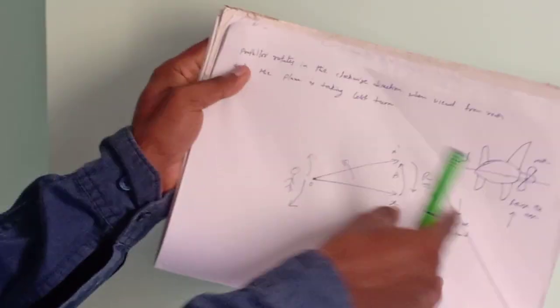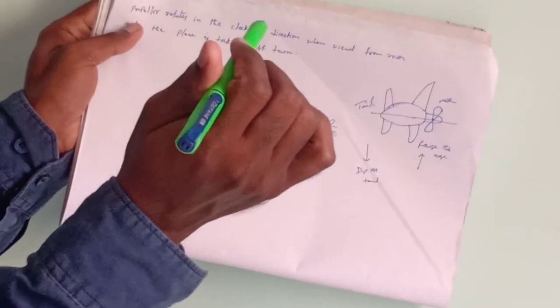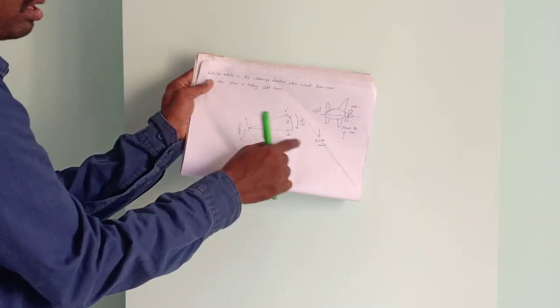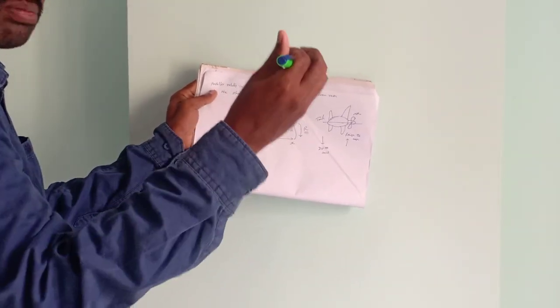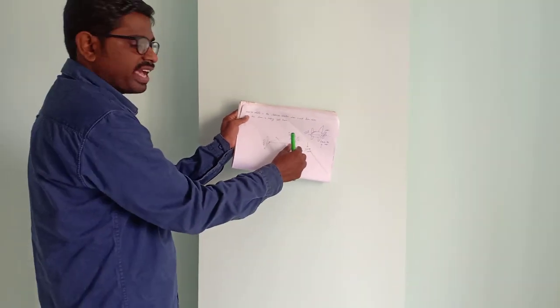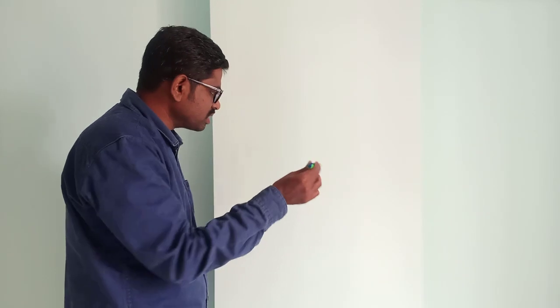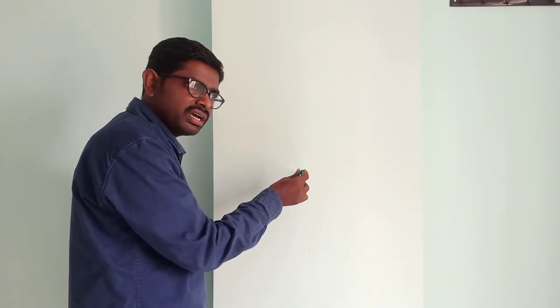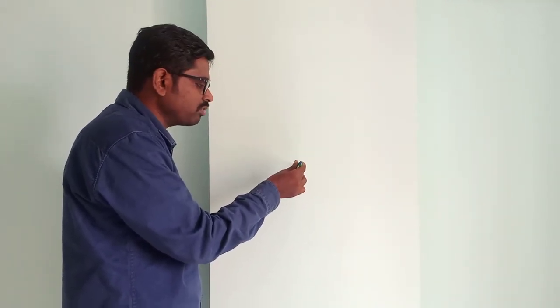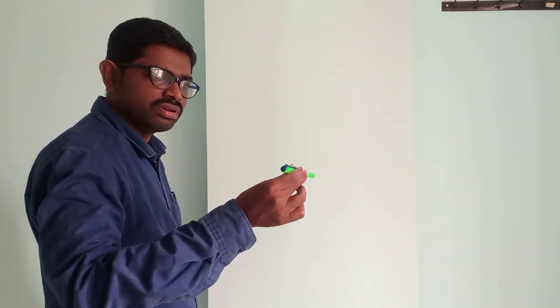As per this diagram, active will be towards the blackboard and reactive will be away from the blackboard.